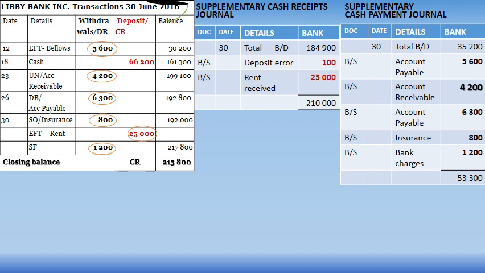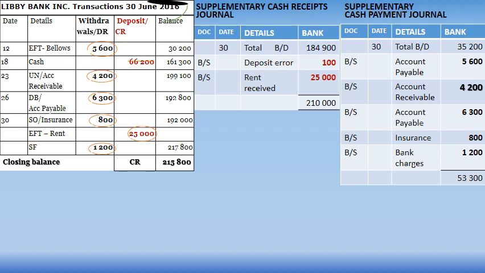Amount 800. Last item is the service fee. Show the service fee as bank charges. The amount 1,200. After entering all the outstanding withdrawals in the CPJ, we will close off the CPJ to calculate the adjusted total payments.